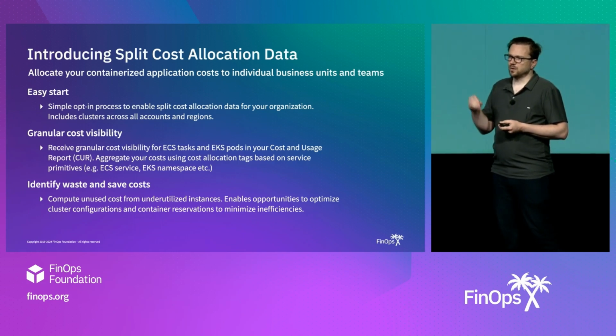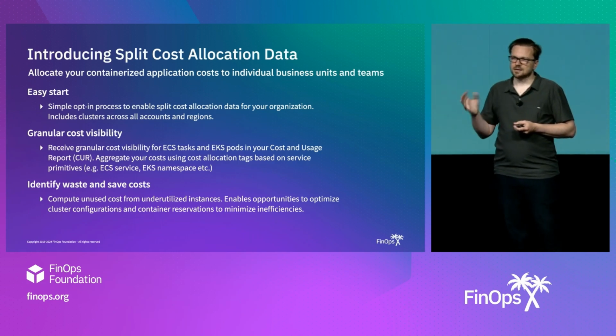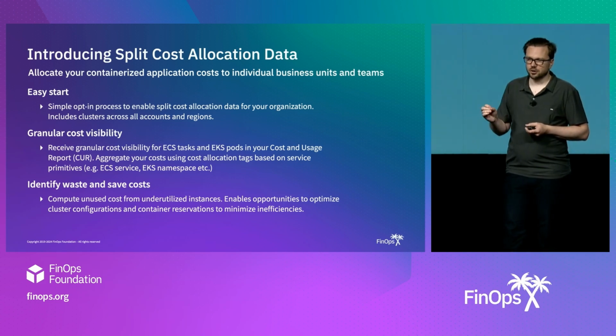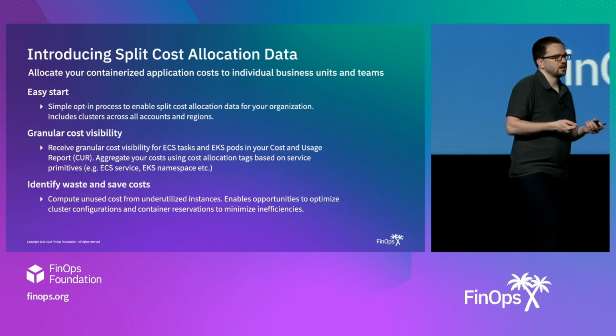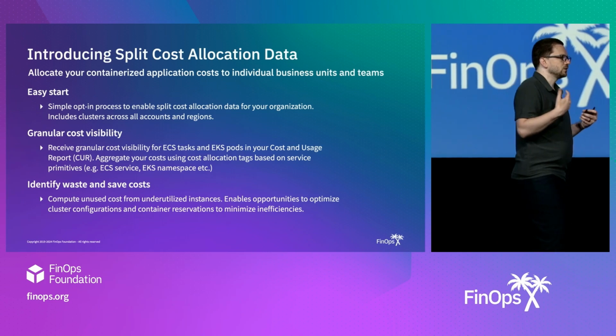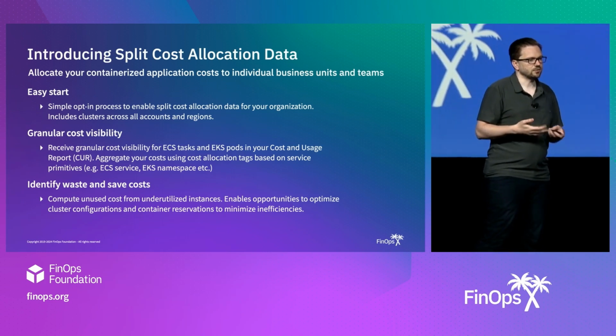With this launch, we added new data to the CUR that allows you to proportion and assign costs to different pods. You can see visibility based on CPU capacity or memory capacity or things like that.